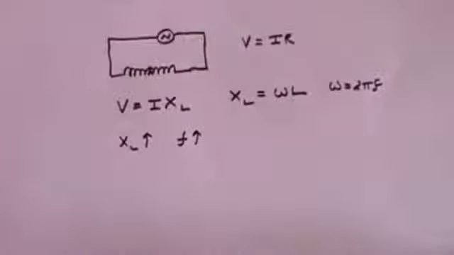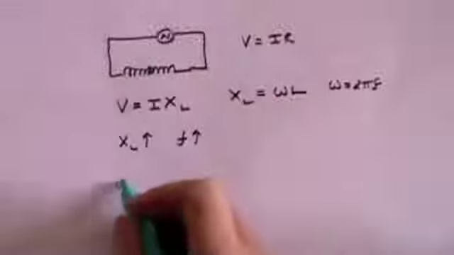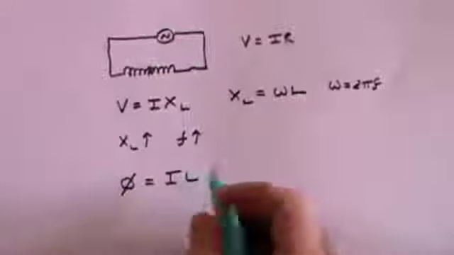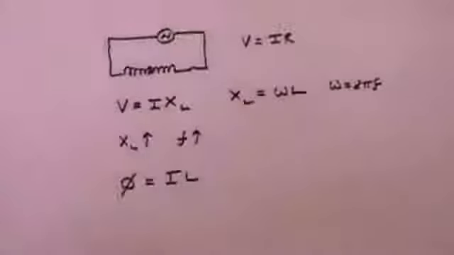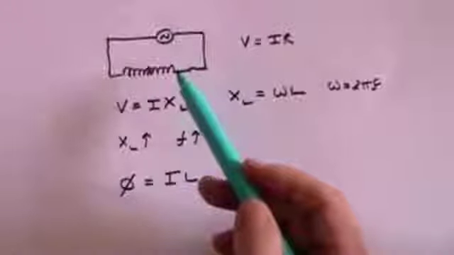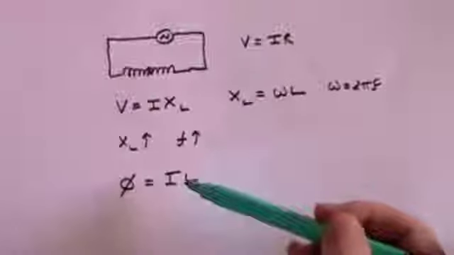Now, why should that be? Well, let's just think for a moment what's happening. I showed you earlier that the flux generated in an inductance, phi, equals IL, the current multiplied by the inductance value. In this case, of course, there is going to be a changing flux because there's going to be a changing current.